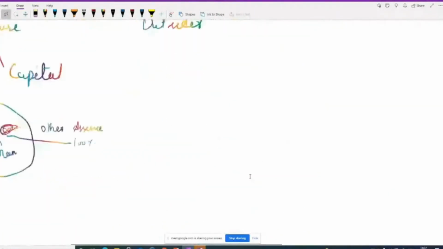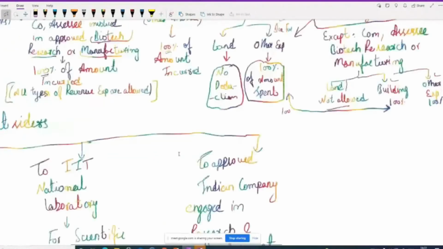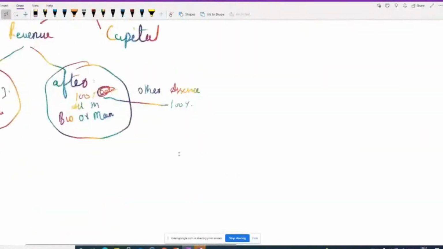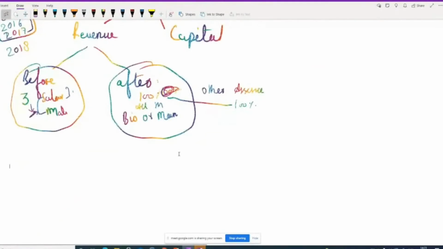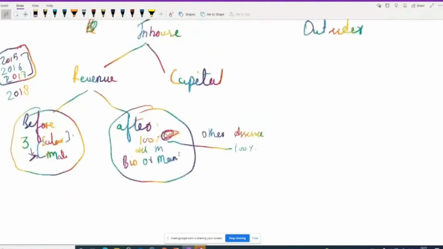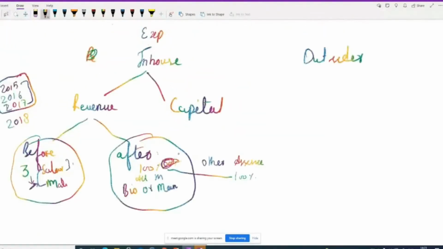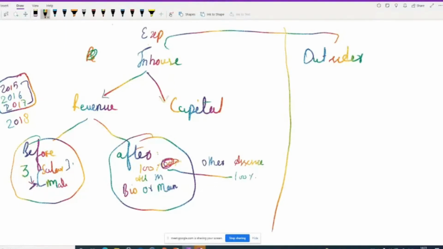Now I'm repeating again how you can remember, where we will start from. You will divide into two main parts. Now we are discussing this part only, in-house. And in-house you can divide it into revenue and capital.